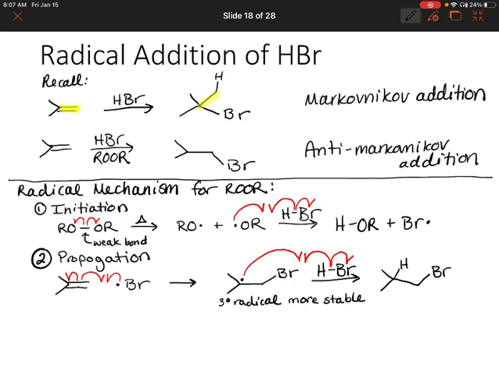All right, so now we have our final product that we wanted to form, and then we've regenerated our bromine radical. And then in the termination step, again, I'm a lazy chemist, so I'm going to couple two bromine radicals.